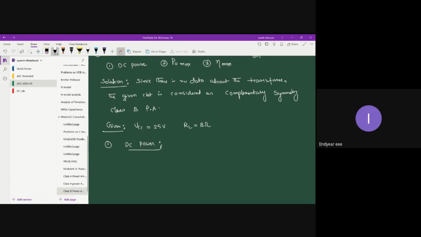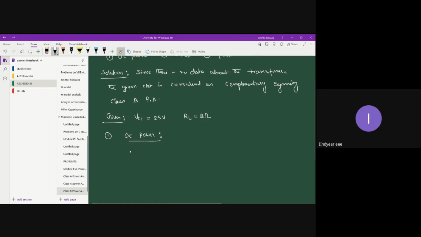But you have to be a little futuristic in the sense, what is that in the end you are trying to find out? So you're trying to find out eta maximum. So to get eta maximum, you have to apply the condition for maximum efficiency, right? So for eta maximum, the condition is maximum voltage should be equal to the power supply voltage, right? Vm is equal to VCC.